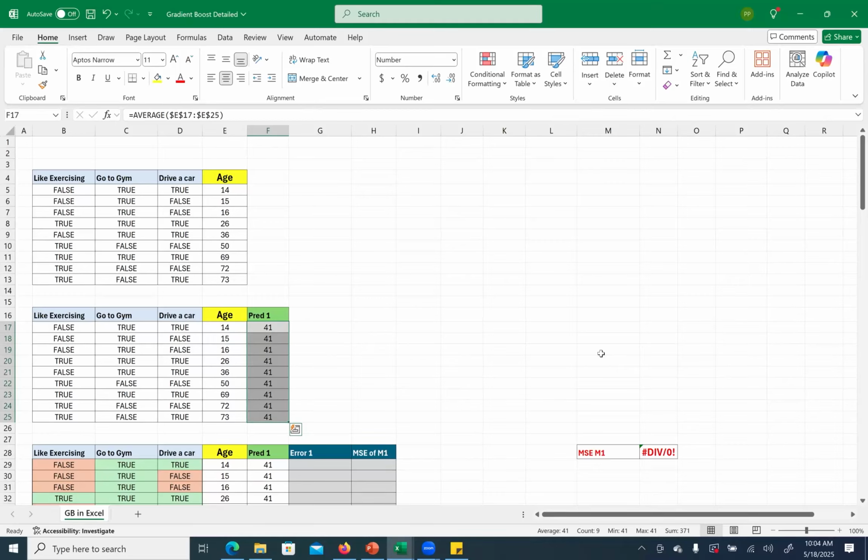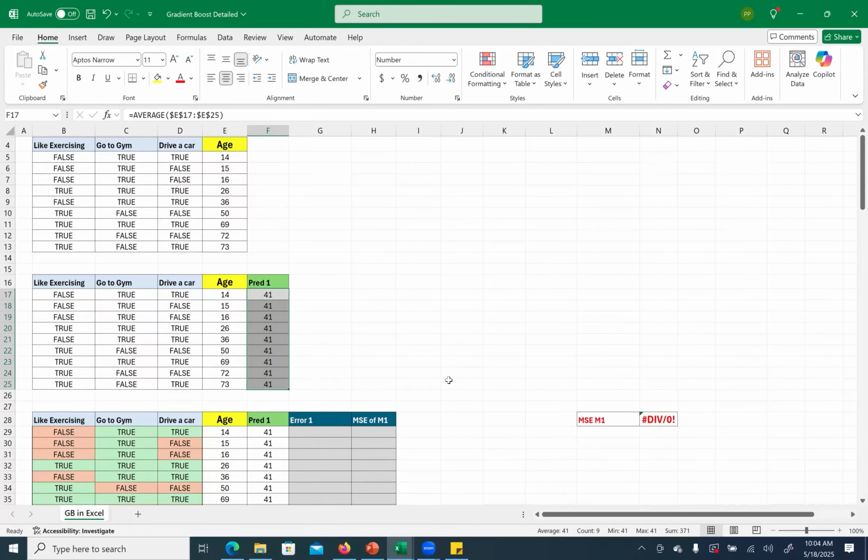After creating the first model in AdaBoost, what used to be our second step? We used to see for which rows we were able to predict accurately and for which rows we were not. The same thing I will do over here as well.